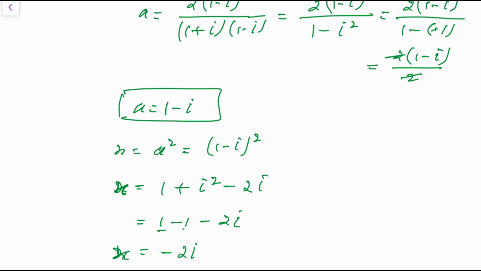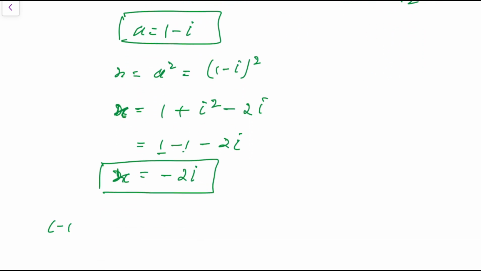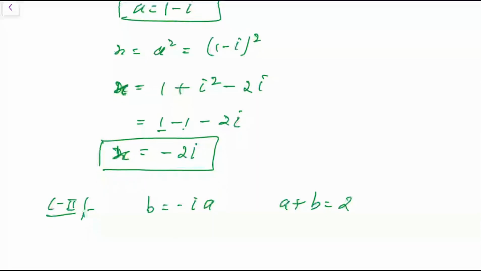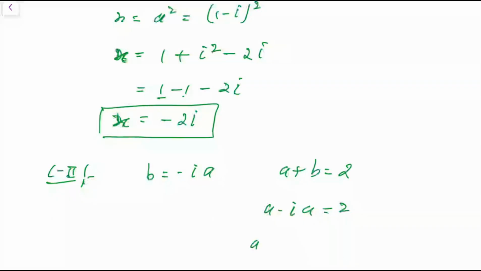So this is the first solution of the given equation, square root of x plus square root of minus x equals 2. Further we consider case 2, where we take the value of b as minus iota a and put it into the equation a plus b equals 2. The resultant is a minus iota a equals 2, so a times 1 minus iota equals 2.